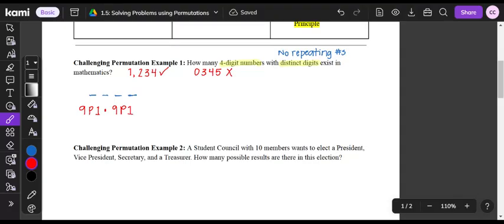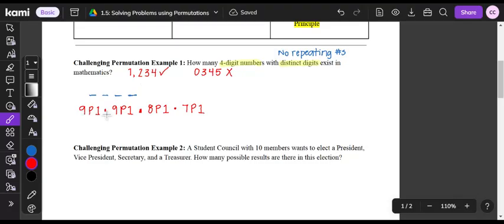So we're going to do that. And then for the third spot, I took a number out, so now I have 8 choices. And then in the last spot, I took a number out. So now I have 7 choices. And again, these are all permutations because the order in which I arrange these numbers matters.